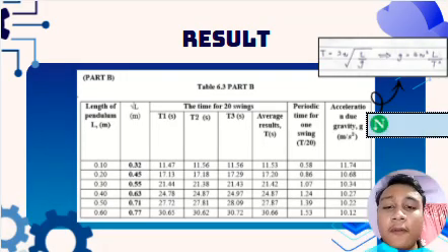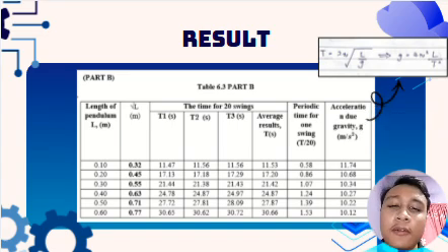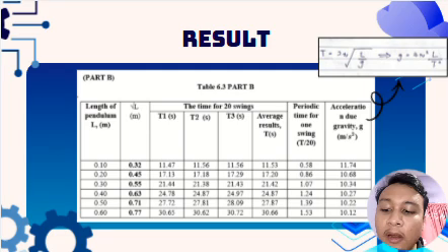Alright, from the experiment part B, we need to jot down the result in table 6.3. Firstly is the length of the pendulum in meters, and then the square root of L, and then we need to write the total time measurement for 3 times, and also we need to calculate the average time, and then find the periodic time for one swing, which is T average divided by 20.